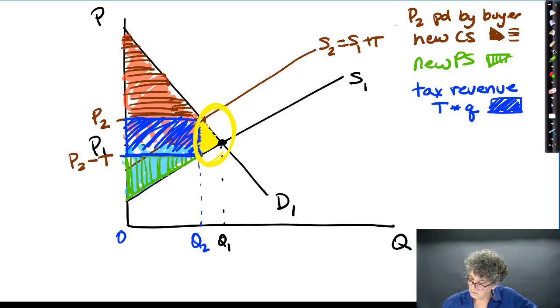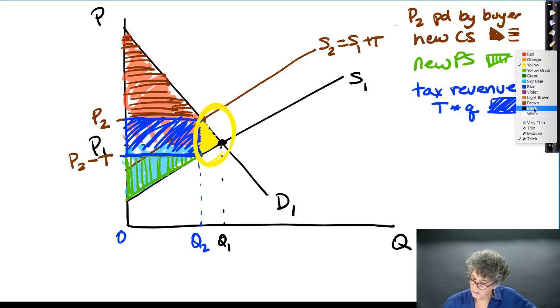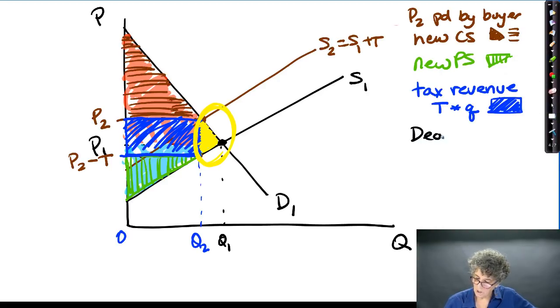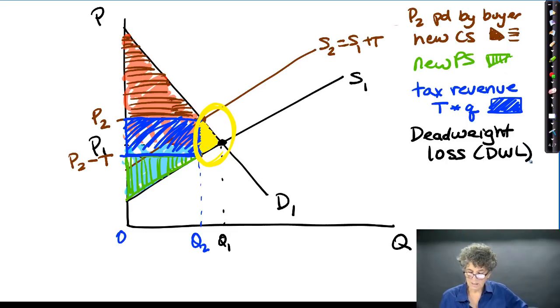That little triangle, the area of that little triangle is called deadweight loss. Deadweight loss, or DWL. Deadweight loss is the surplus that nobody, not the producers, not the consumers, not all of us collectively through the government, nobody, it's surplus that nobody gets after the tax is put into place. So it is the decrease, it's a measure of the decrease in the total surplus.